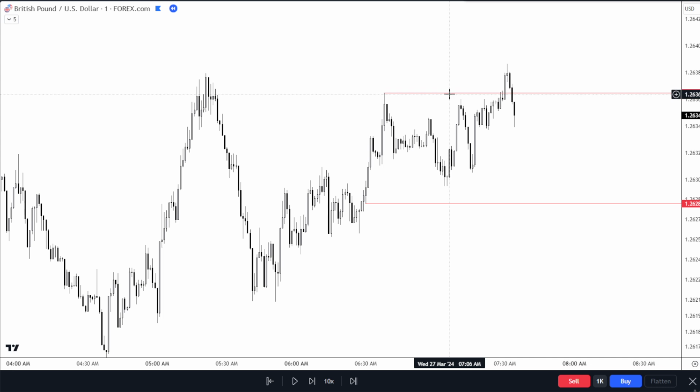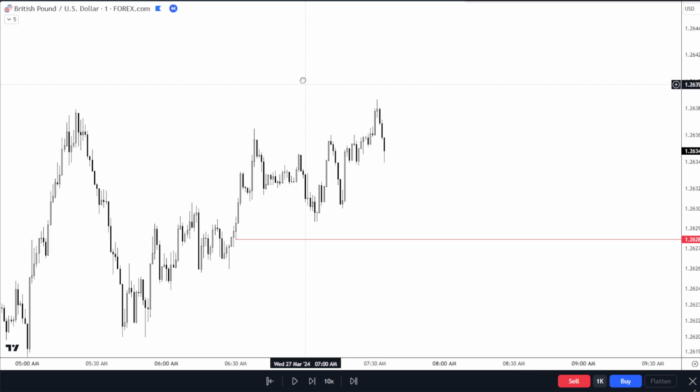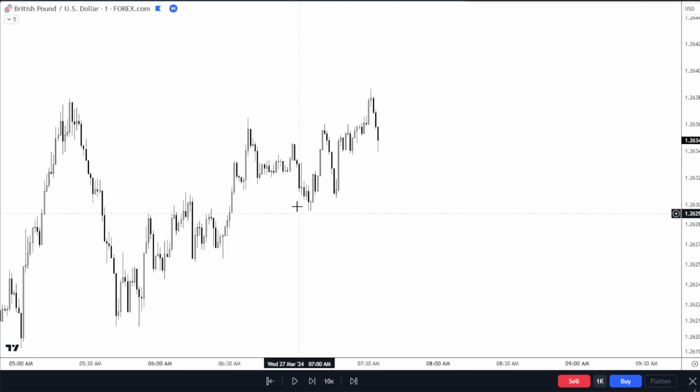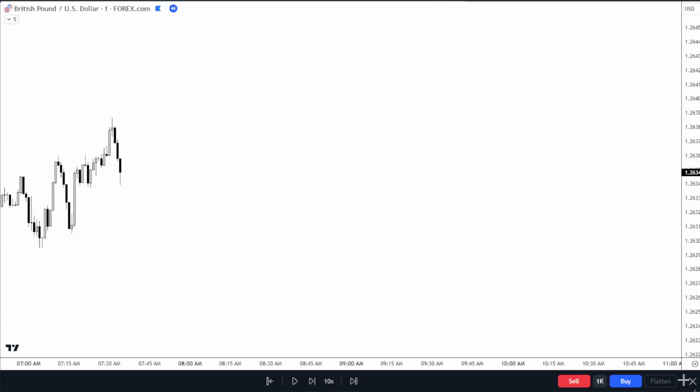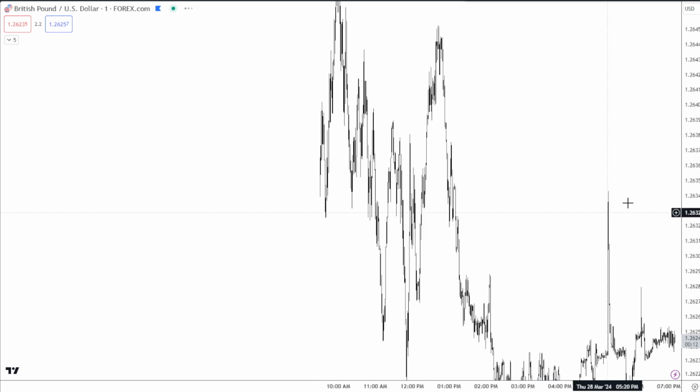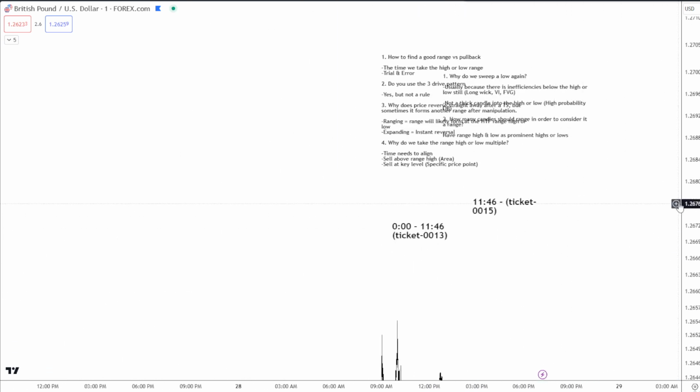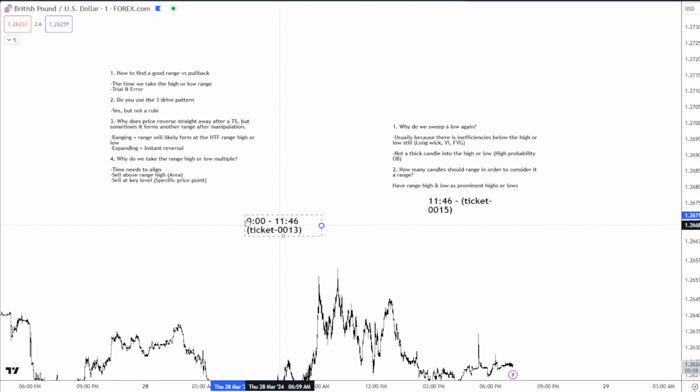It doesn't have to accumulate forever, right? As long as you get pretty good accumulation, interest building on both sides, and then a good high or a good low, then it should be good. I'm not candle counting, you know. So that's the second question.